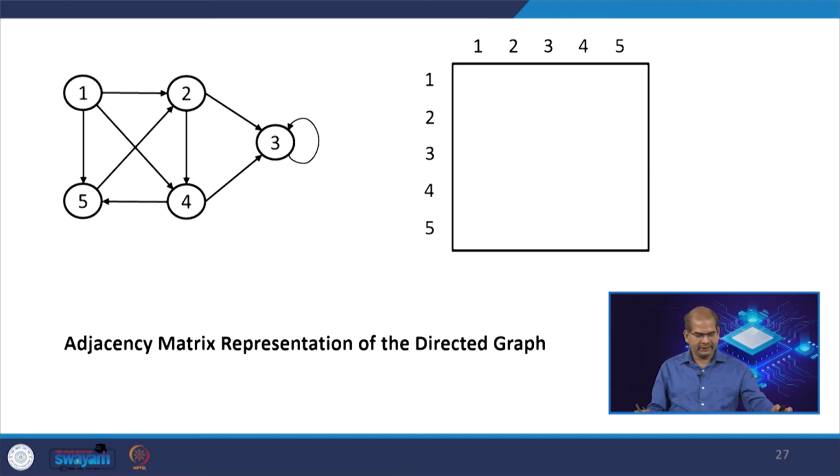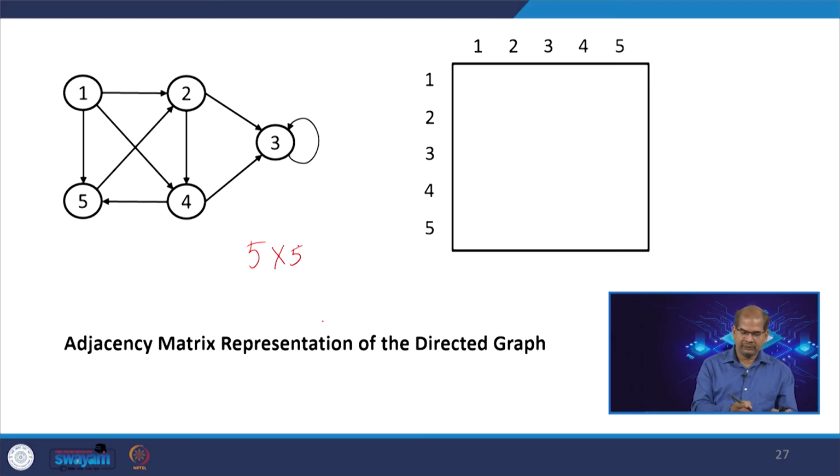Similarly, consider the adjacency matrix for a directed graph. We need to look into the direction of the edges while creating the matrix. Here the number of nodes is 5, so the size of the matrix is 5 by 5.